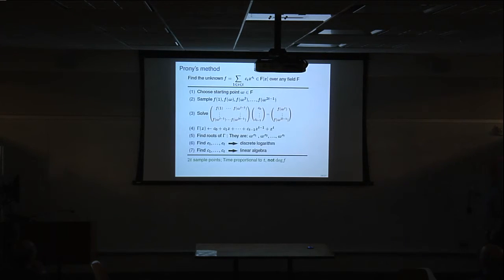Prony's method is actually quite magical. And I think I'll just say it to point out the magic. You start out by choosing a sample point, omega, and you evaluate at the powers of that sample point. And now two marvelous things happen. First of all, at t terms in, the t plus first term becomes linearly dependent on the previous t.